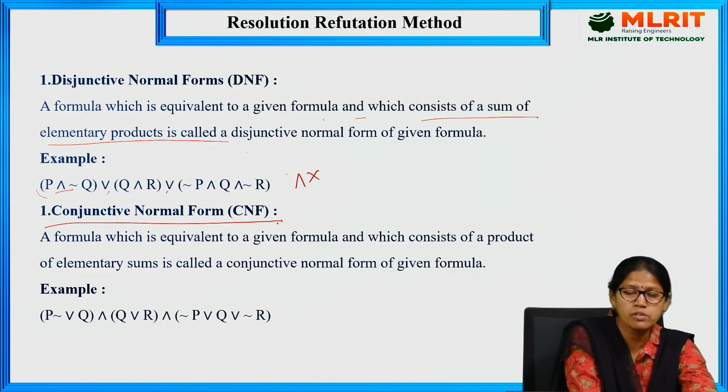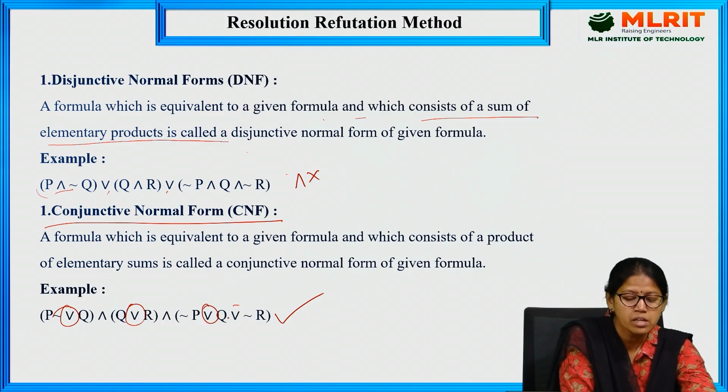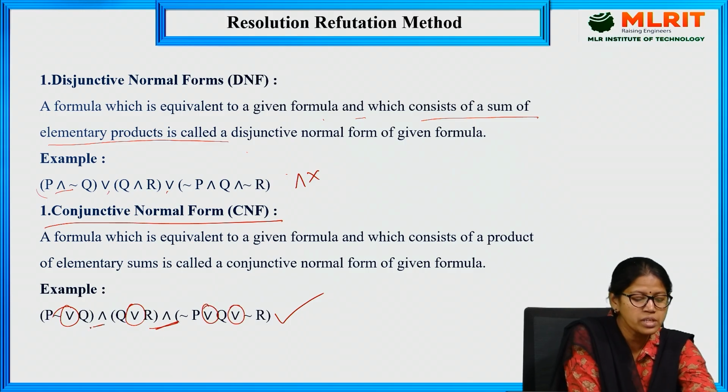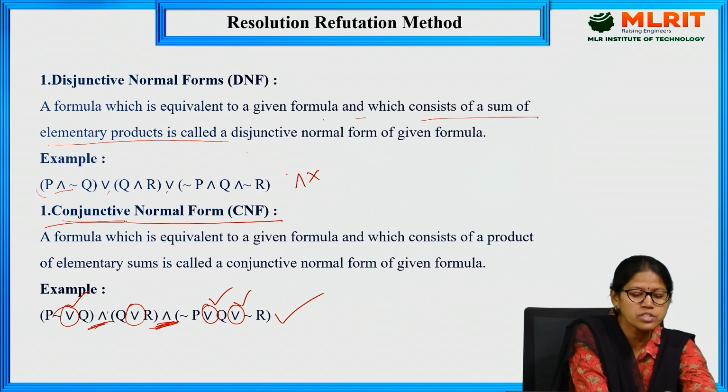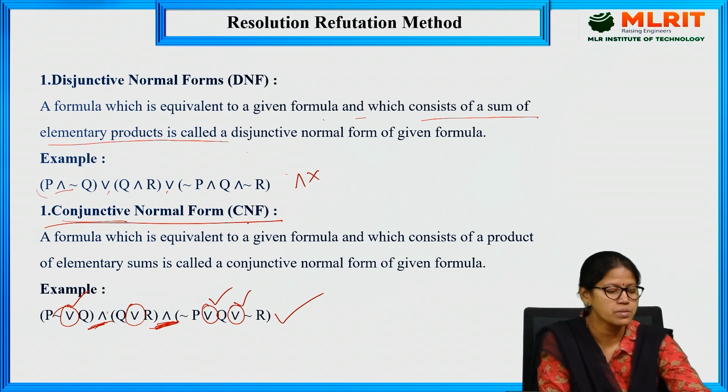The conjunctive normal form is also the same: the disjunction symbol is inside the parenthesis, and outside it should be the conjunction symbol, a conjunction of disjunctions.